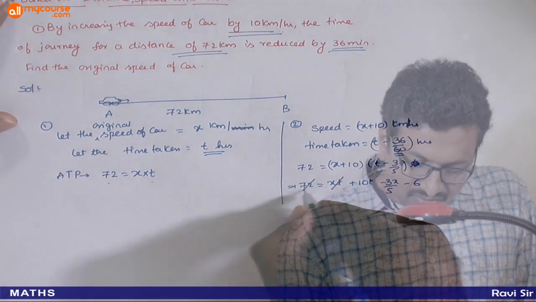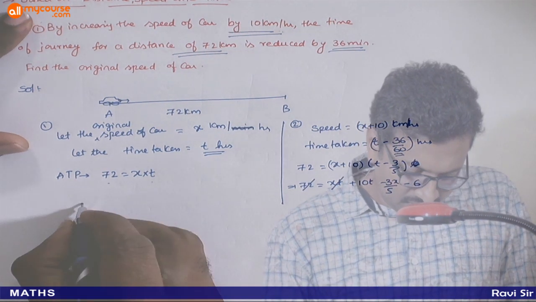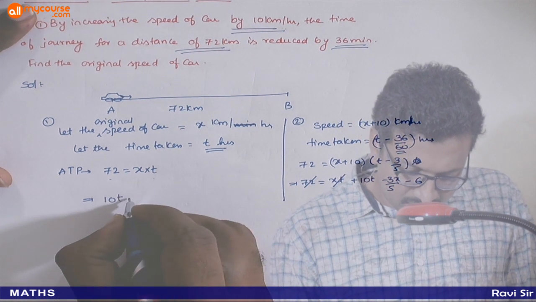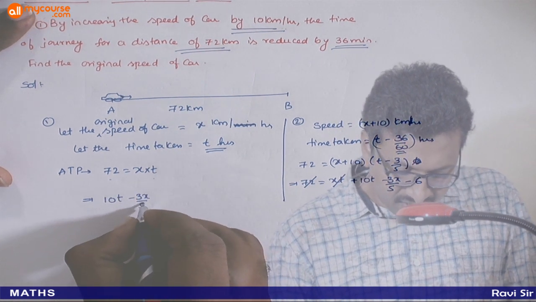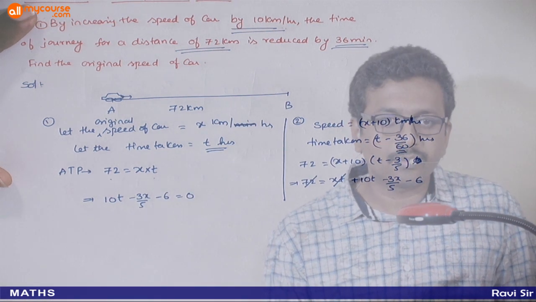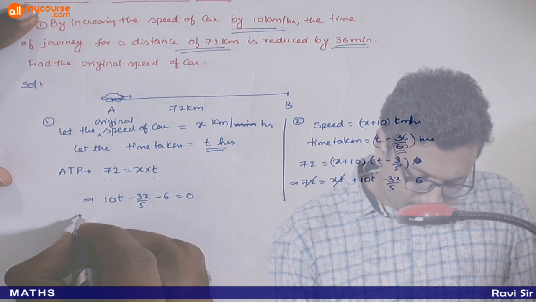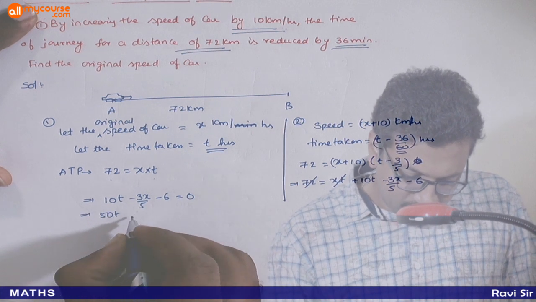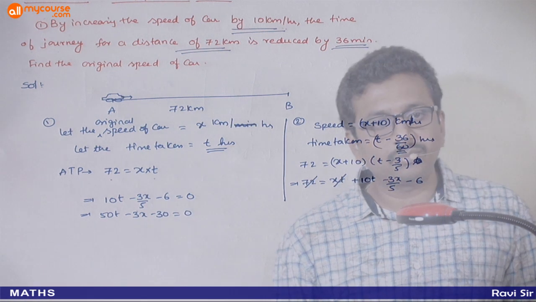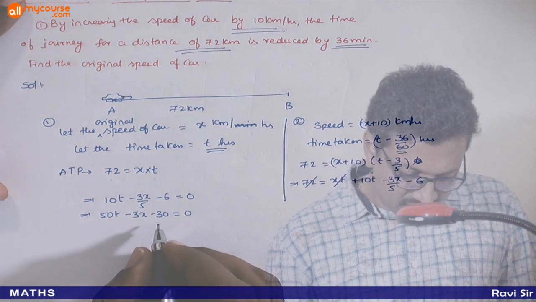So yes, 72 is xt. So xt and 72 get cancelled, which implies 10t minus 3x by 5 minus 6 is equal to 0. So you get 50t minus 3x minus 30 is equal to 0. You want the speed of the car.